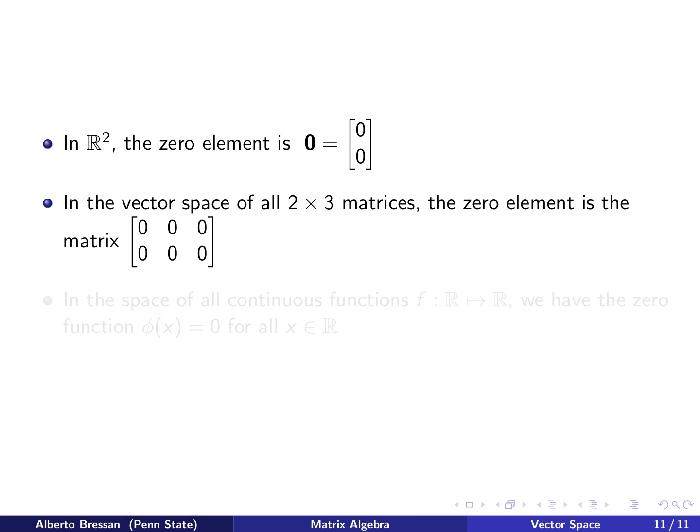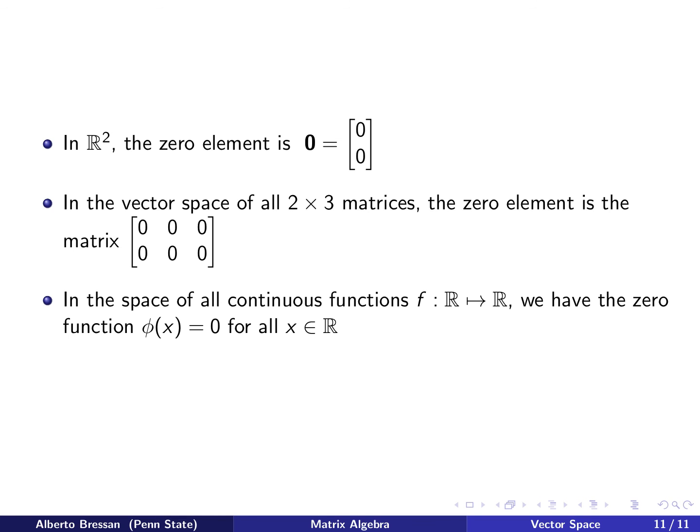It would be a 2 by 3 matrix with all zeros as its elements. And looking into spaces of functions, for the space of all continuous functions, the 0 function would be a function, let's call it phi, where phi of x equals 0 for all x in R.